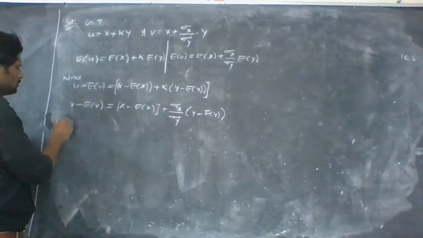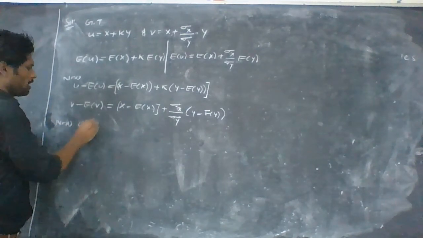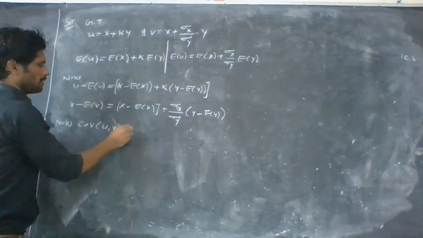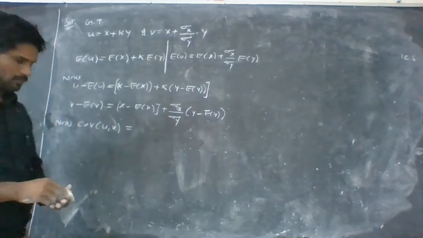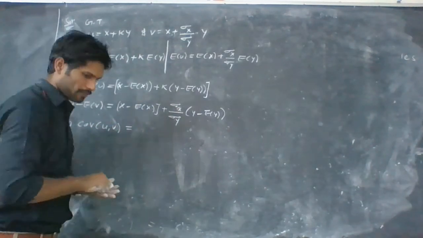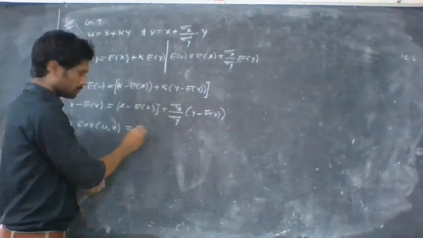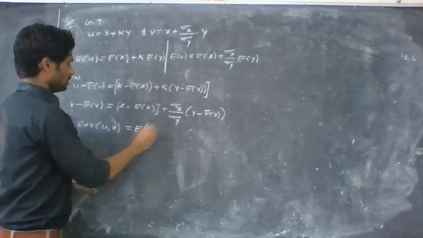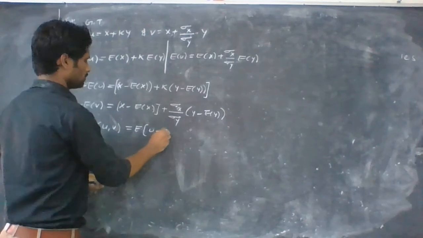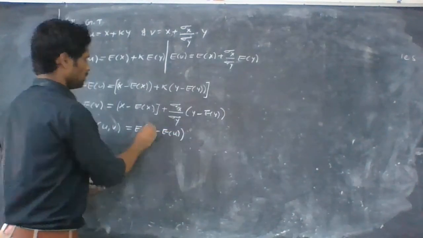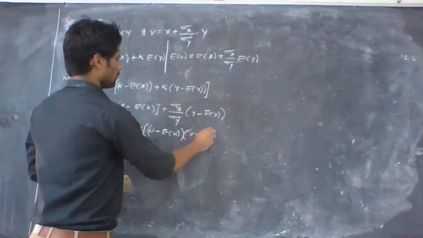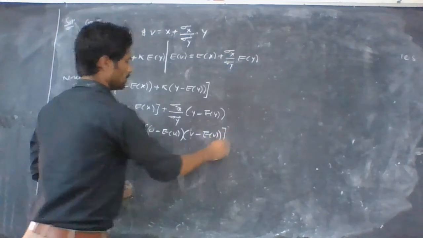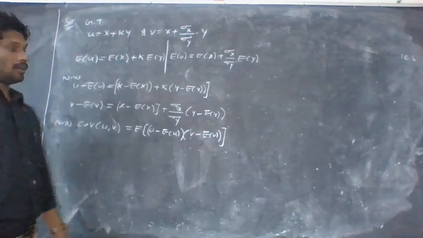Now calculating the formula, covariance of u comma v is equal to expectation of u minus expectation of u into v minus expectation of v.